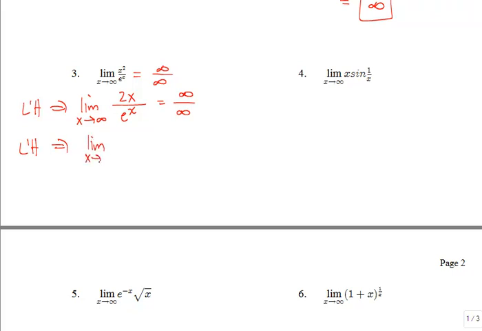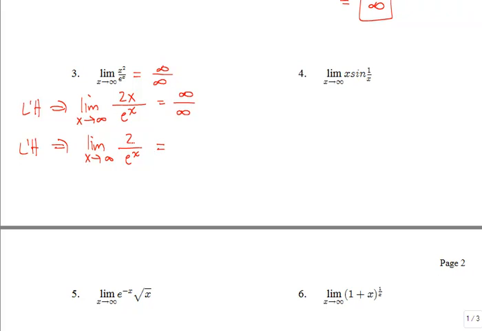and take the derivative of this top, the derivative of 2x becomes 2, and the derivative of e to the x stays e to the x. So the nice thing about L'Hopital's rule is that each time you take a derivative, that function tends to get simpler, so it's going to be easier to work with. Now we're ready to plug in again.